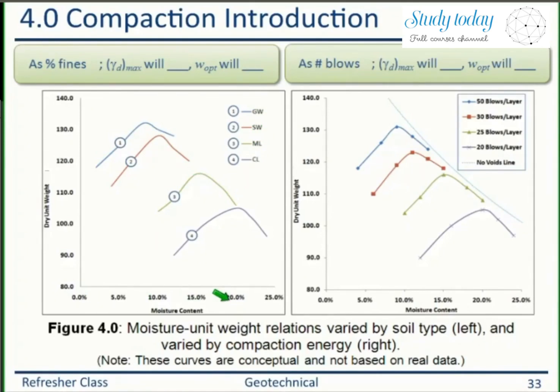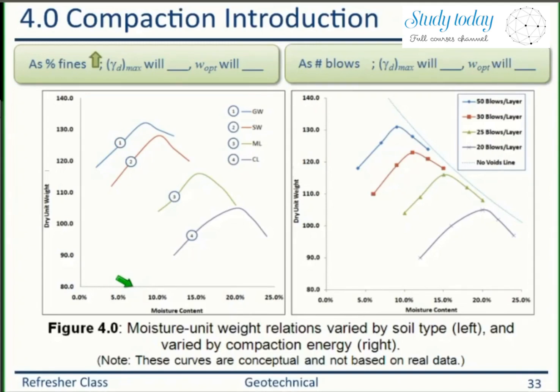So depending upon the grain size, because gravel will have a larger grain compared to the sand, silt and clay. Clay will have a very small grain, right? So depending upon the grain size or soil type, the peak value of each curve is called gamma D max. And the corresponding moisture content on the x-axis will give the optimum moisture content, W optimum, right?